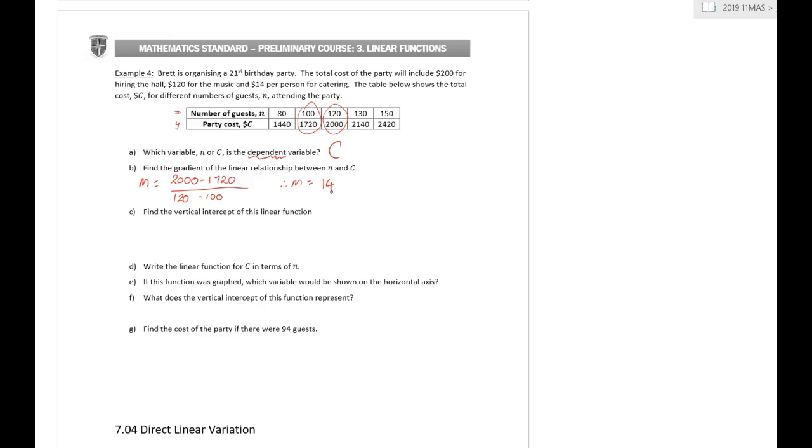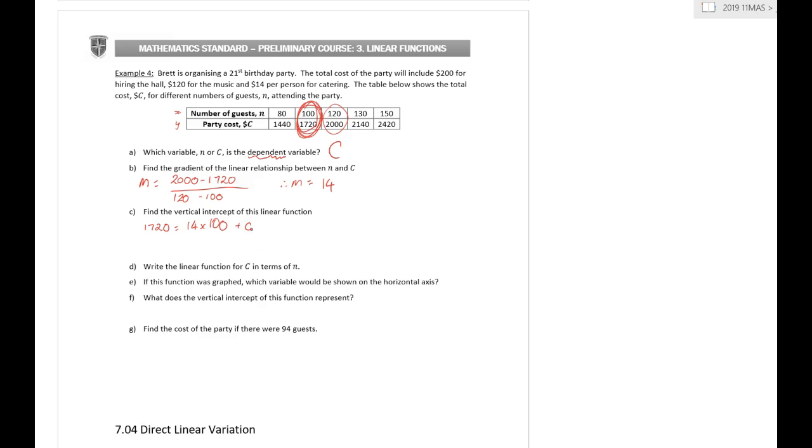I'm going to use this as X and Y. So Y, or 1720, equals MX, that's 14 times 100, plus my Y-intercept, which is C. Not a big C, a little c.